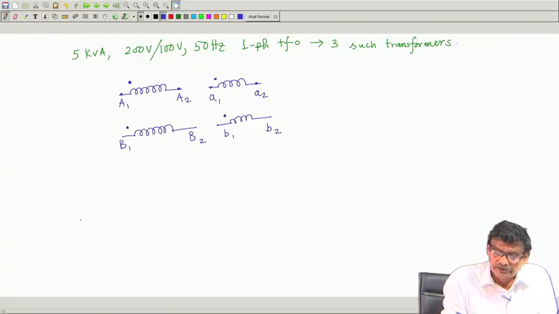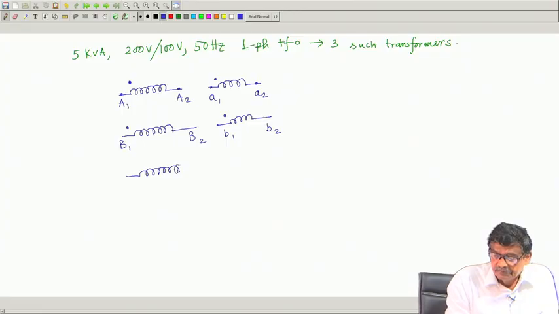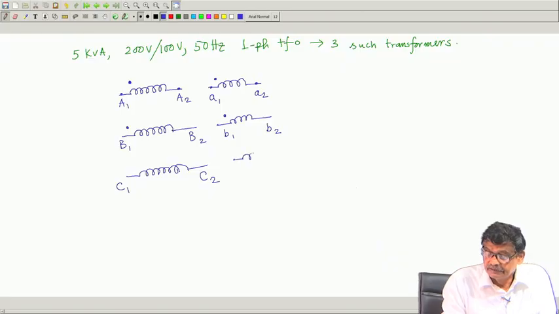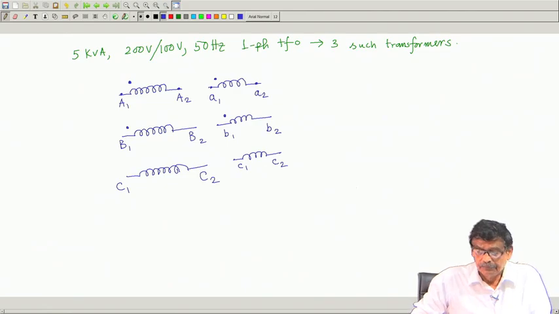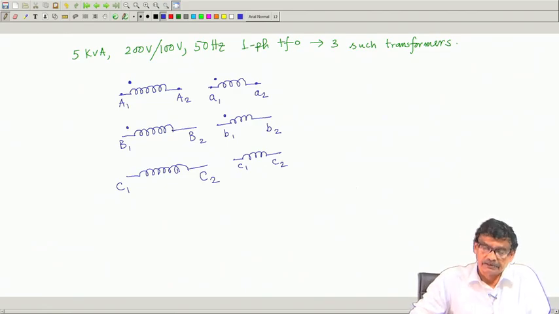So, both are dots, and the third transformer in the same way it will be capital C1, capital C2 and small c1, small c2. Therefore, I have very clearly identified the terminals.